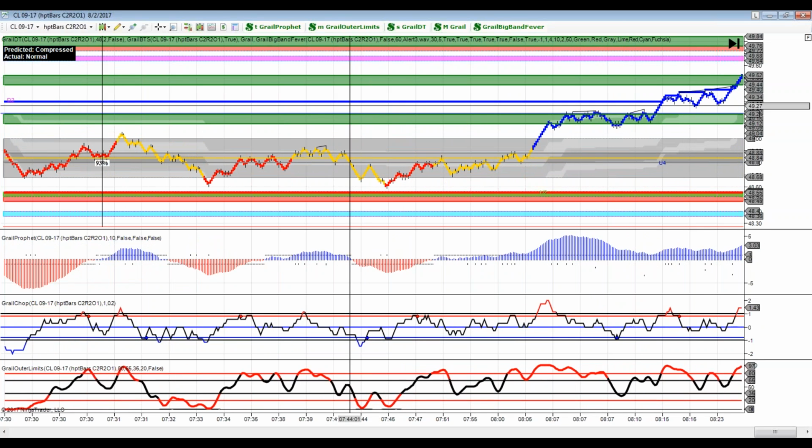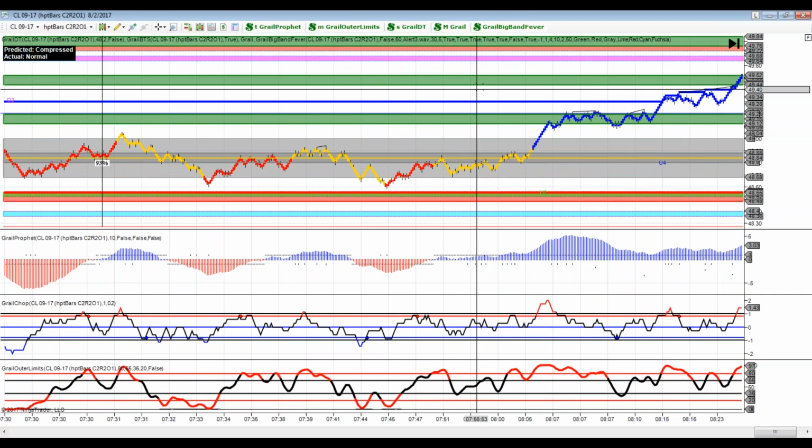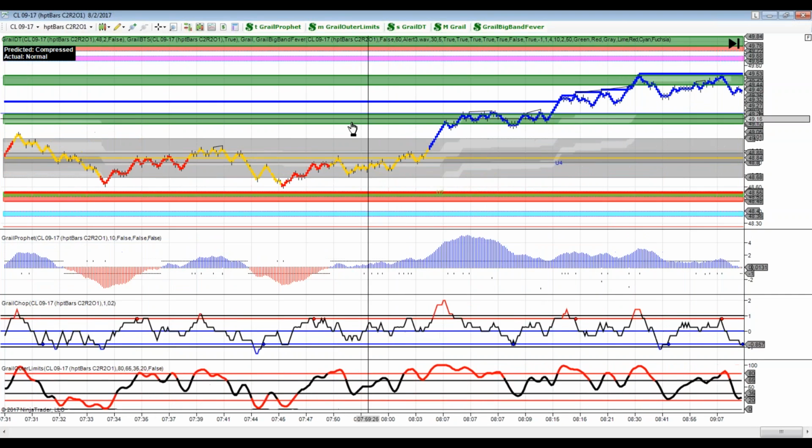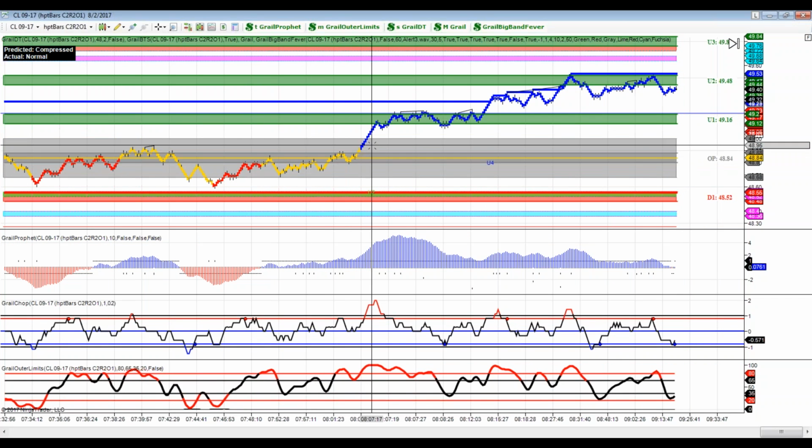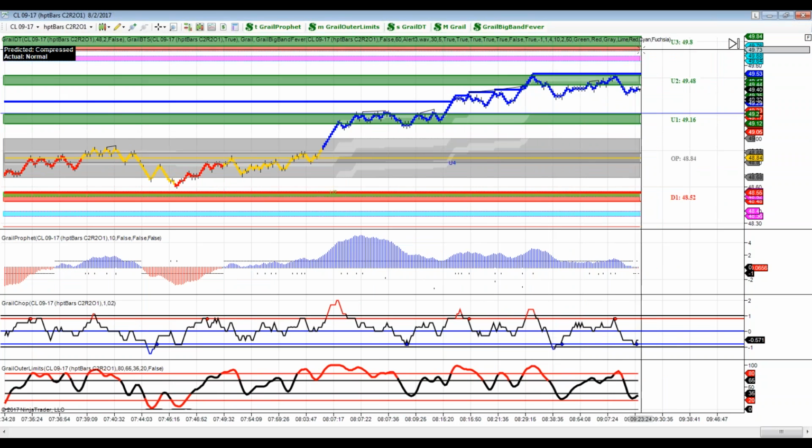Notice we came down, we checked the number one important level again and couldn't get there. All right, and now we're moving up. So as we moved up, you can be long, you hit the next band, and then we hit this one. It's trying. I don't know if it's going to get there yet or not, but again, keep in mind, this is the number one smart market profile level for the day, predicted up here.